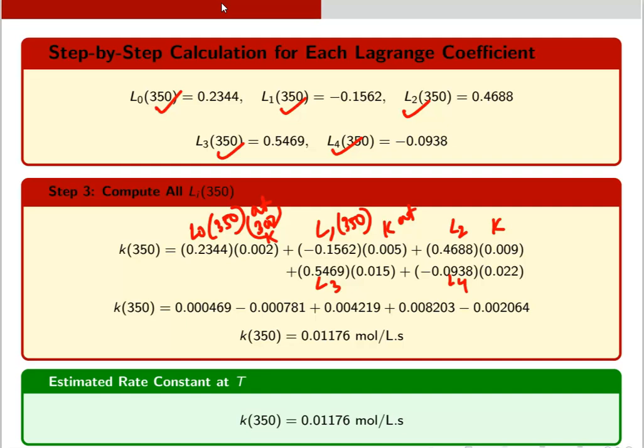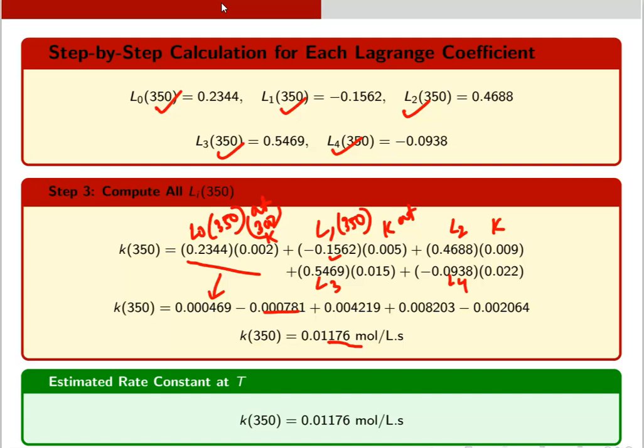After adding all these values, we get K at 350, which is 0.01176 mole per second.